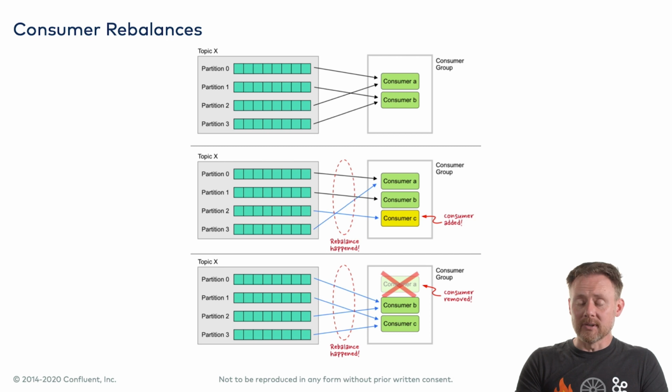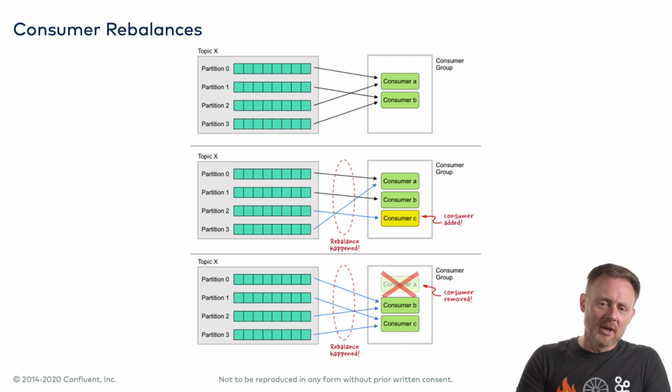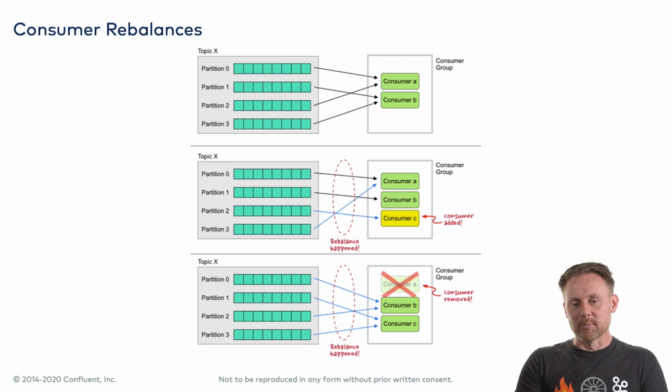And we see only consumer instance A gets 2 partitions, instance B and C get 1 partition each. And that happens automatically. You don't have to do anything. If one of those instances fails, well, the partitions that it's responsible for, which in this case are 0 and 3, those get reallocated to the other instances. So at the bottom, we have a fair scenario again.